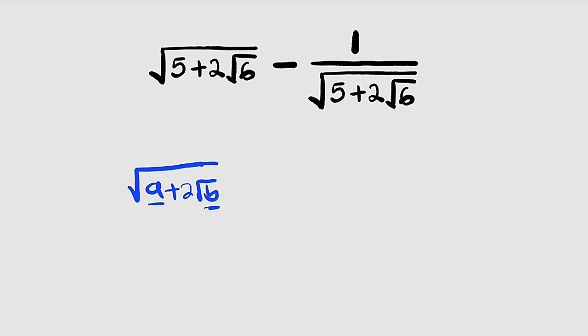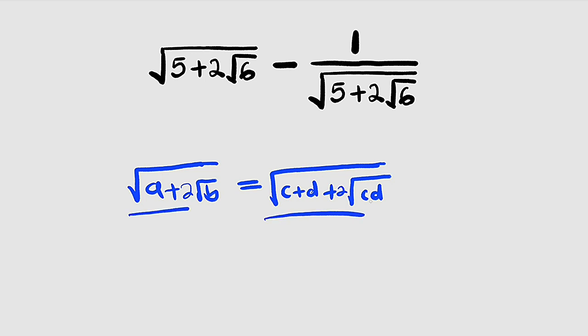Suppose the numbers are c and d, meaning we can transform this into the square root of c + d, which is equal to a, plus 2 multiplied by the square root of cd, because if you multiply the two numbers together, you obtain b. Once you can transform the left-hand side into this, the solution will always be the square root of c plus the square root of d.